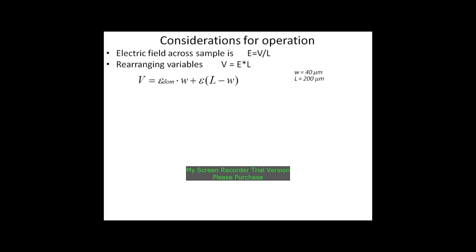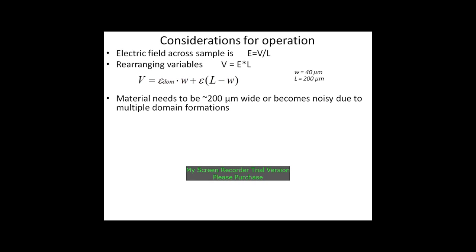So what does this mean in terms of the device operation? Well, if the material is longer than 200 micrometers, then it becomes very noisy, because multiple domains will form, and that's not good. So manufacturers will usually keep it to around 200 micrometers maximum.